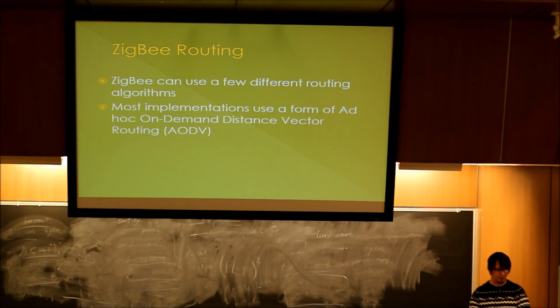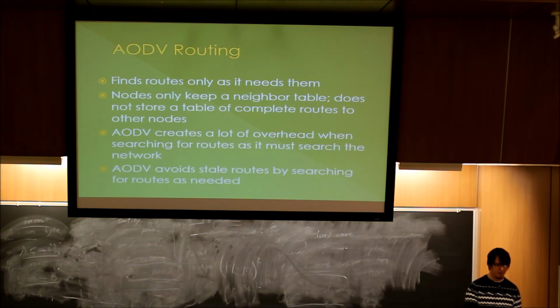There's a couple different routing algorithms that I've seen used with different ZigBee networks. However, the primary routing algorithm is AODV, which is Ad Hoc On-Demand Distance Vector Routing. AODV routing is a robust routing algorithm, except it has a lot of overhead because every time it needs to send a message out, it doesn't store an entire table on the individual nodes.